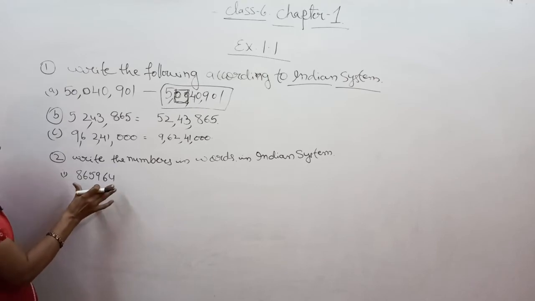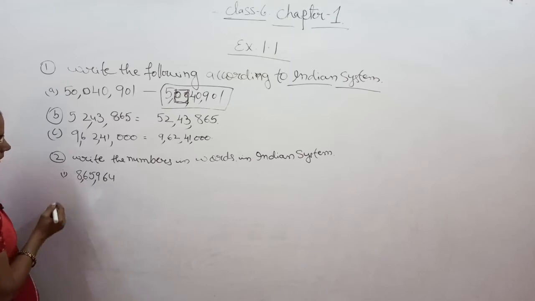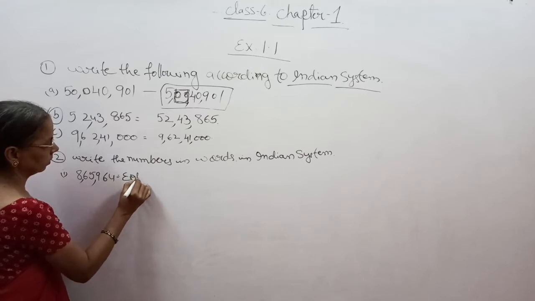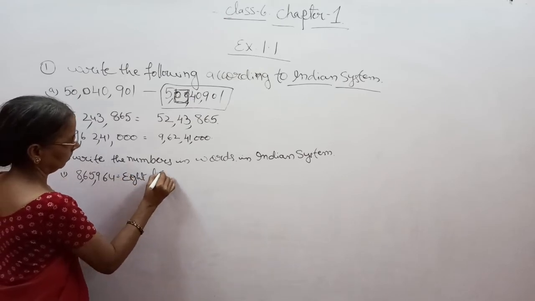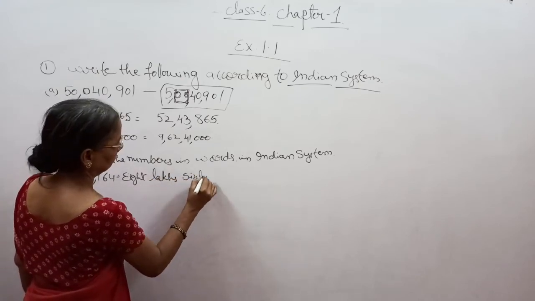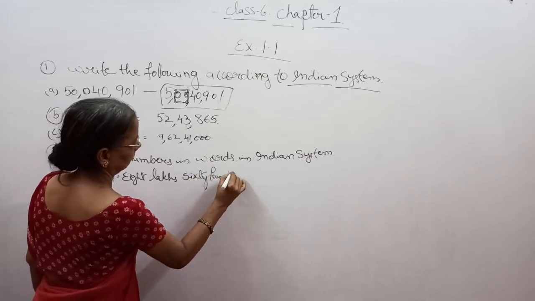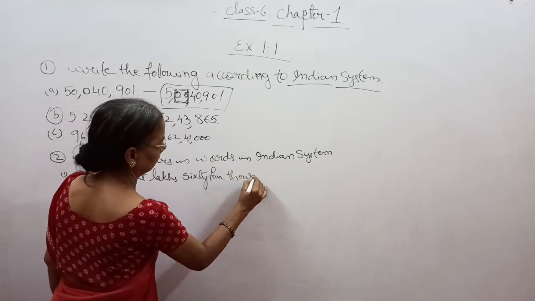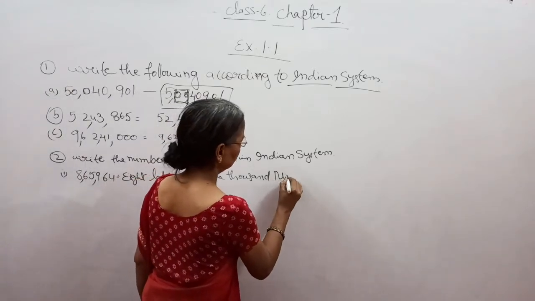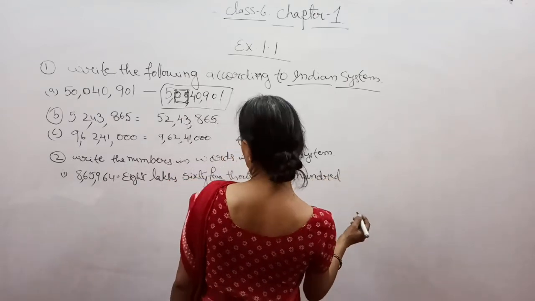First of all we have to put the commas after 100 and then 1000, 10,000, then again in lakh. Then we have to write it as 8 lakhs 65,000 900 64.